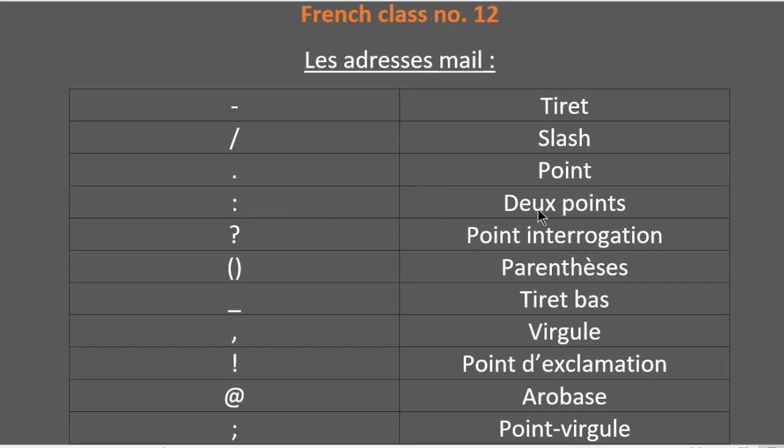A colon, which is two dots, in French we read as deux points. Deux points means two points. A question mark in French is point d'interrogation, interrogation point, we may call it that.